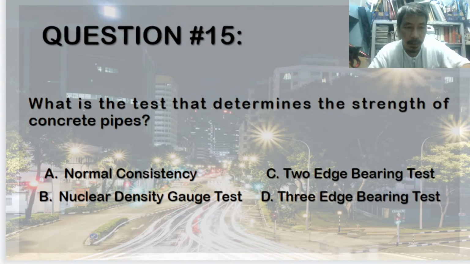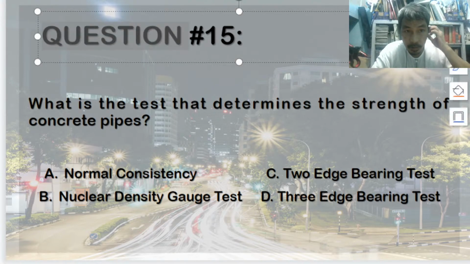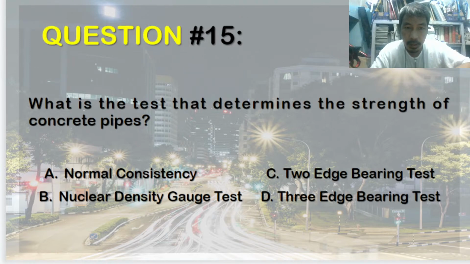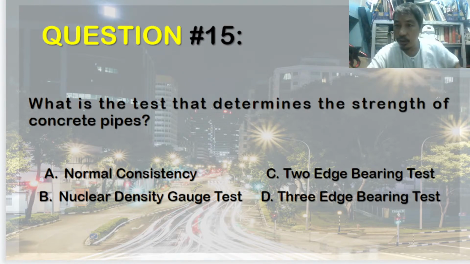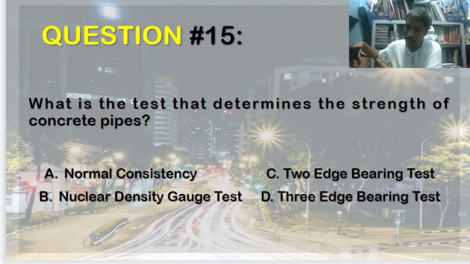And number 15. So, please answer this again. What is the test that determines the strength of concrete pipes? Pipe, we are using pipe. So concrete pipes are used as what?